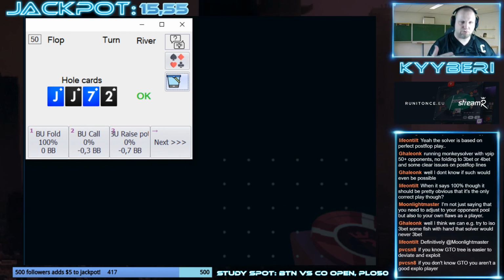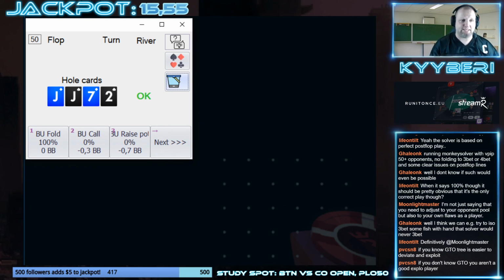So solver strategy is very helpful if you just put it in the right context and understand what it means, and don't think that I have to follow solver because solver is God, and if I don't, I will be burned. And then you go to your average PLO2 game and start to 3-bet queen 10 8 6 and wonder why am I losing money.